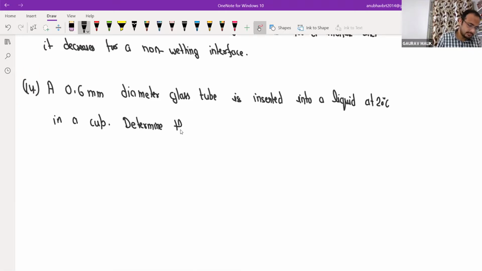Determine the capillary rise of water in the tube. It is not given about the contact angle, then it means phi will be equal to 0, cos 0 is equal to 1. Tell me the answer.